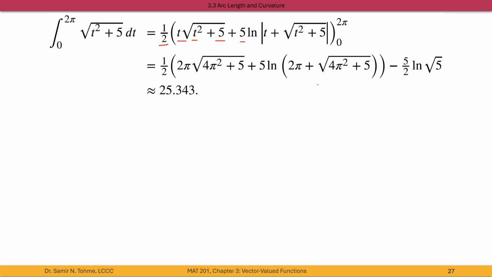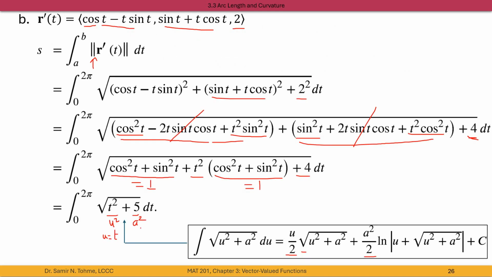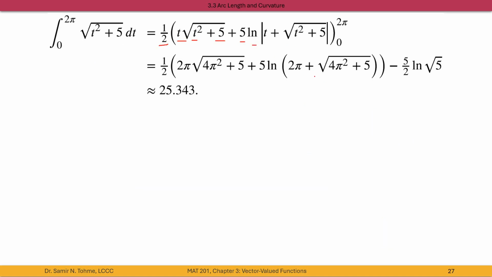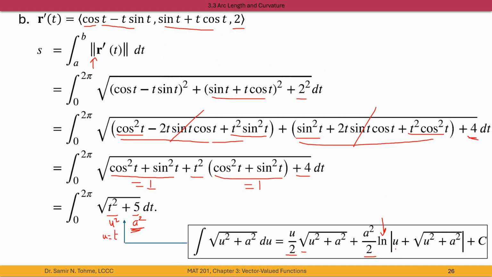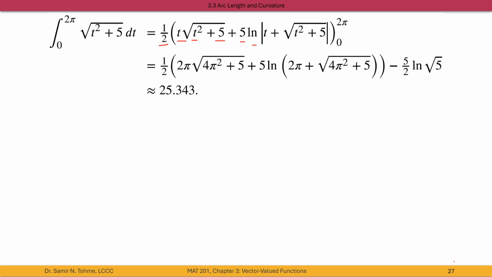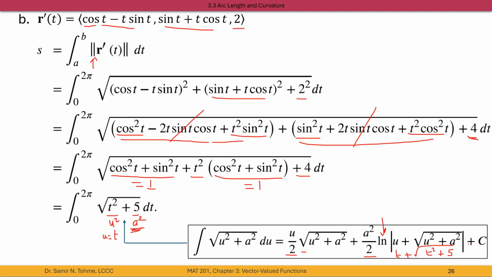A squared is already 5. Look at here. A squared is already 5. And we have ln, absolute value of u, which is t, plus radical again t squared plus 5. We will write it here, plus 5. For definite integrals, we don't take the constant of integration.